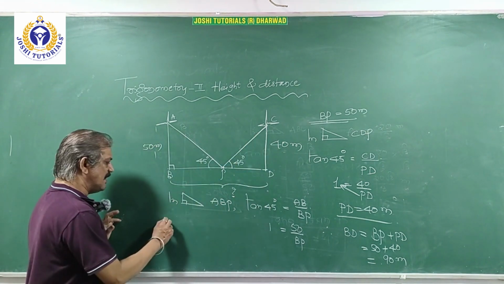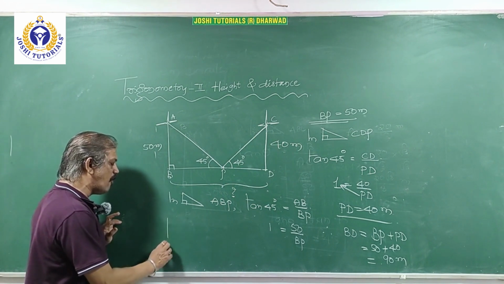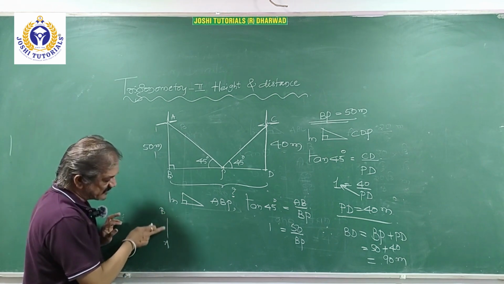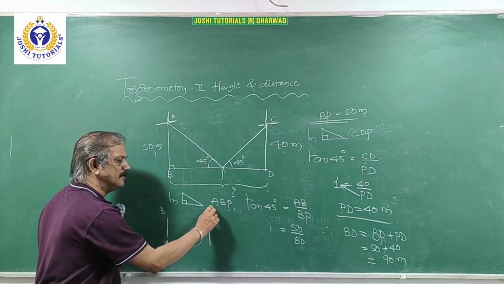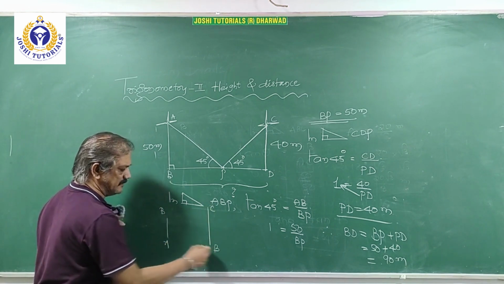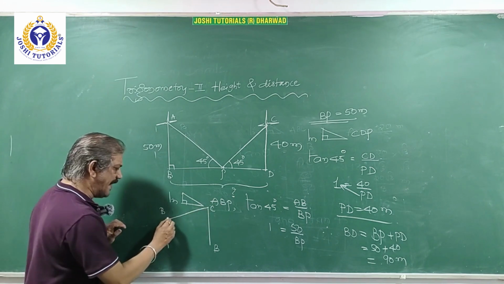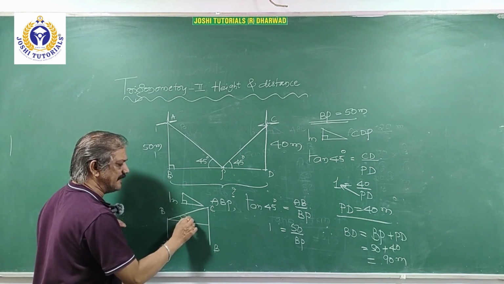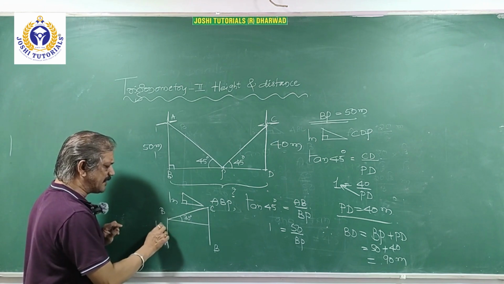If they say a boy around 1.5 meter tall, then only you have to draw that person like this. He observes the top of the building from here with an angle of, say, 30 degree, and he is 1.5 meter tall.